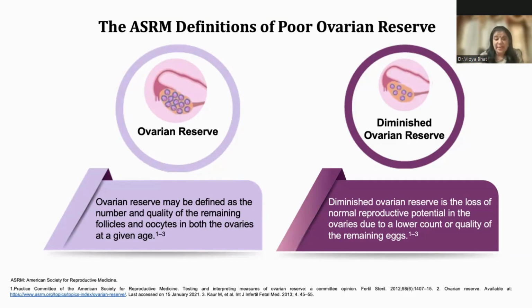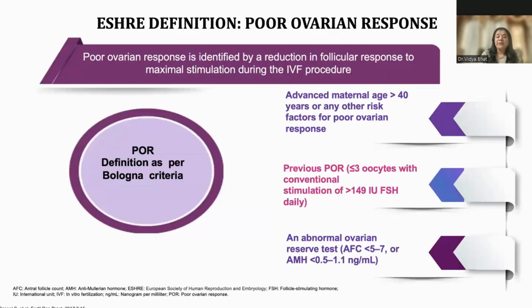You can just have a look at it. Now, the ESHRE definition of poor ovarian response is identified by a reduction in follicular response to maximal stimulation during the IVF procedure. Now, the poor ovarian response definition as per the Bologna criteria: advanced maternal age, more than 40 years, or any other risk factors for poor ovarian reserve.